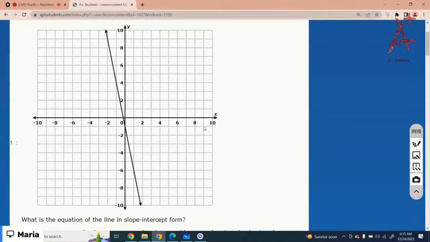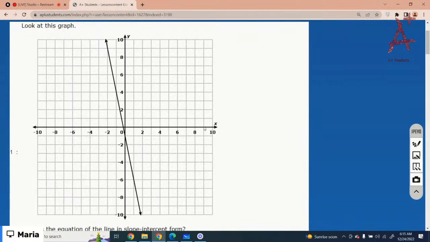You have to use the graph, and you have to write the equation in the slope intercept form. Got it? The slope intercept form of the equation is y equals mx plus b.